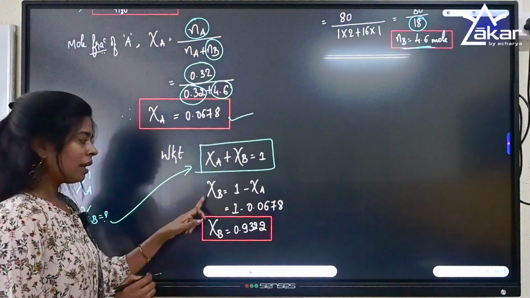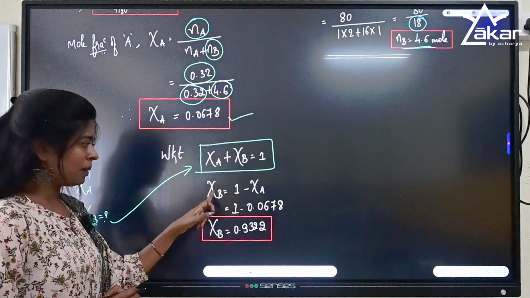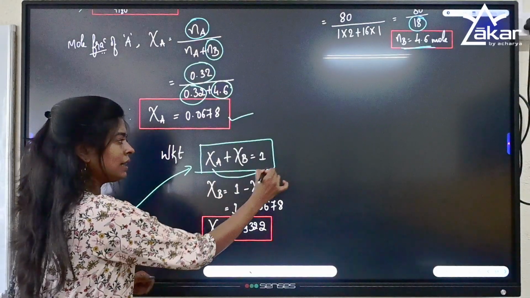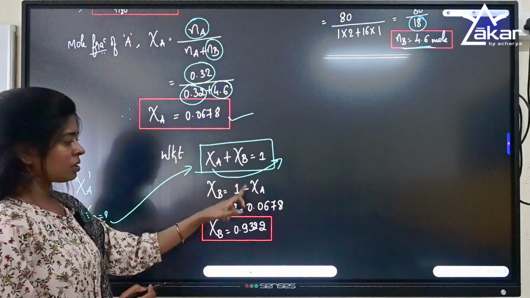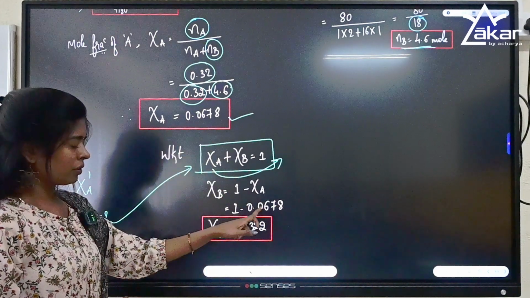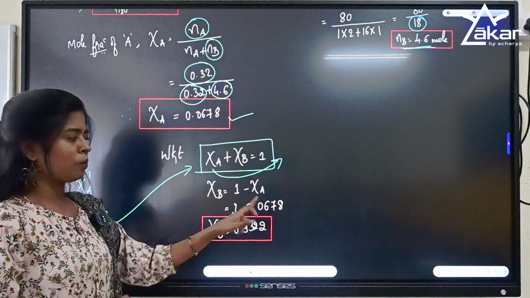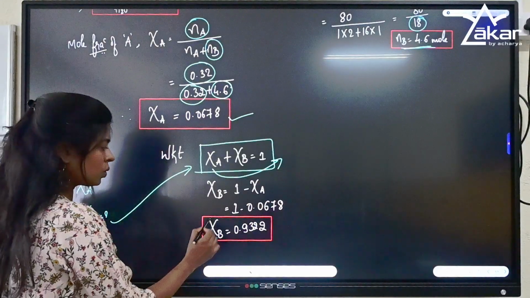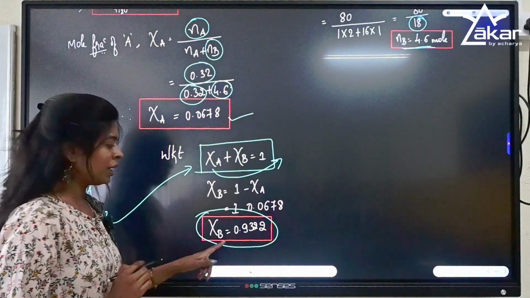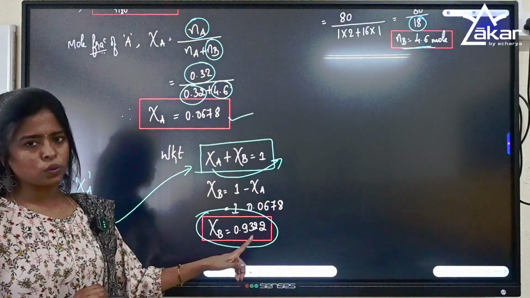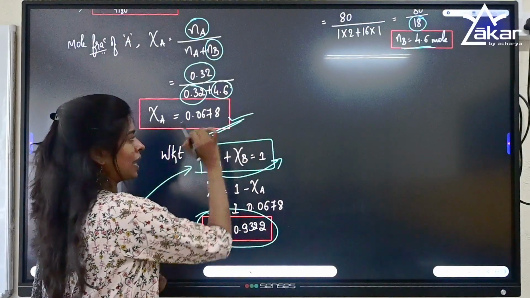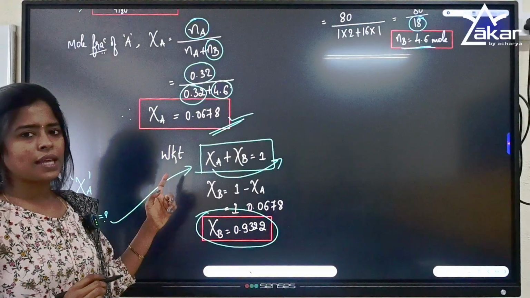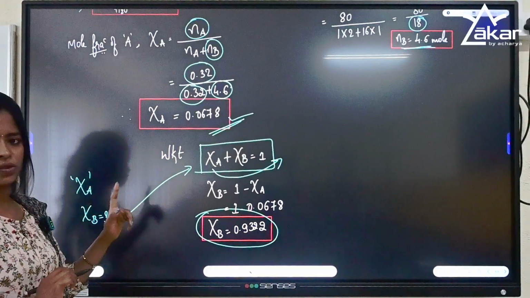So write down the equation for chi B. Chi B is equal to 1 minus chi A, sending chi A to that side. Substitute the chi A value we just found: 1 minus 0.0678. So chi B is found out to be 0.9322. But in this problem you can stop your answer at the previous stage itself, because in the question they are asking us to calculate only the mole fraction of A.